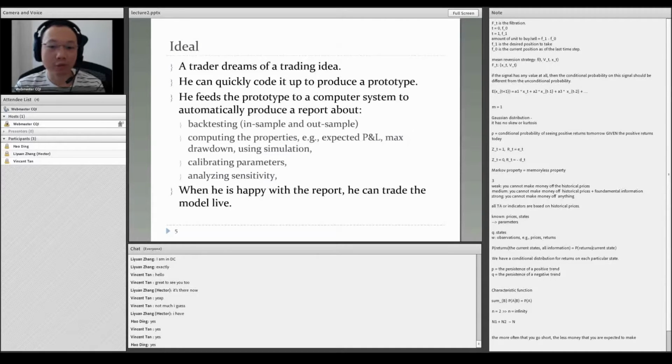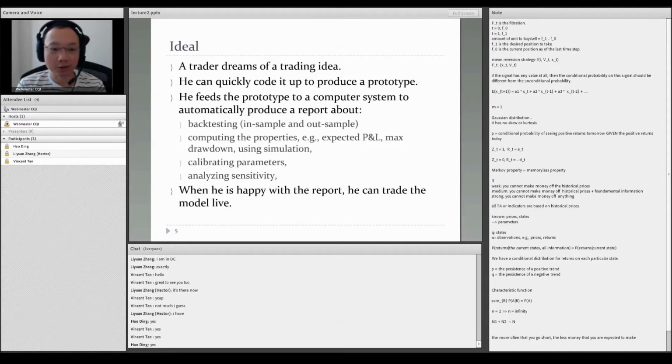Then you read the report and say, oh, okay, check. These are good. Then we decide to go ahead with this strategy. And if the report says the P&L is crap, and the max drawdown is too much, then you say, oh, this strategy is bad. Then we go back to dreaming up other ideas, or we iteratively refine the ideas and produce another prototype, and then we fit that into the computer system again to automatically produce this report.